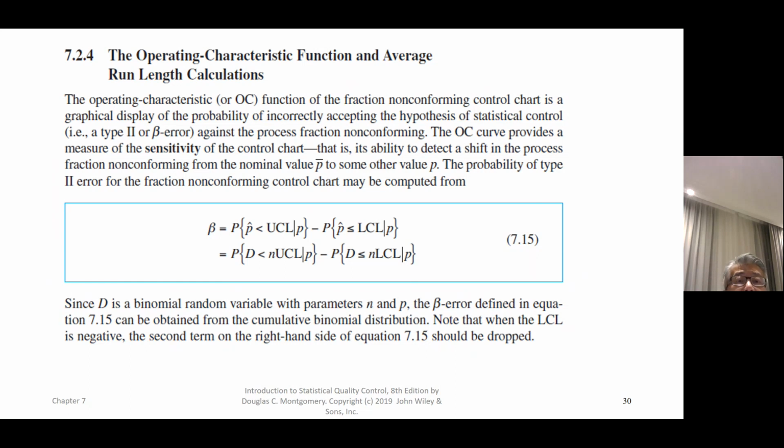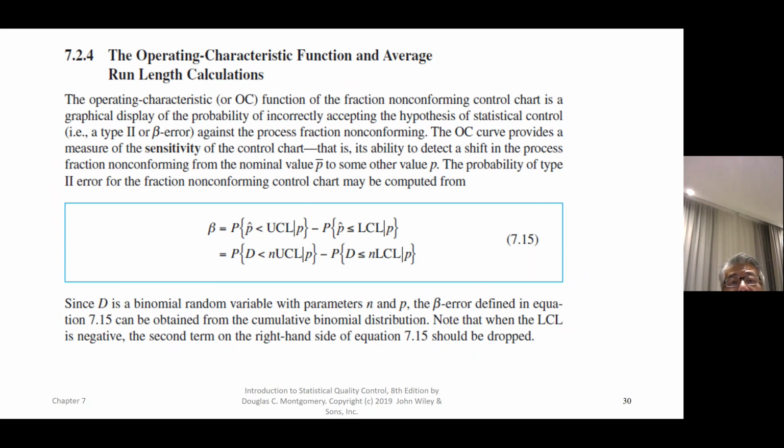The operating characteristic, or OC function, of the fraction non-conforming control chart is a graphical display of the probability of incorrectly accepting the null hypothesis of the statistical process control, that is, the type 2 error or beta error committed against the process fraction non-conforming. So the OC curve provides a measure of the sensitivity of the control chart.